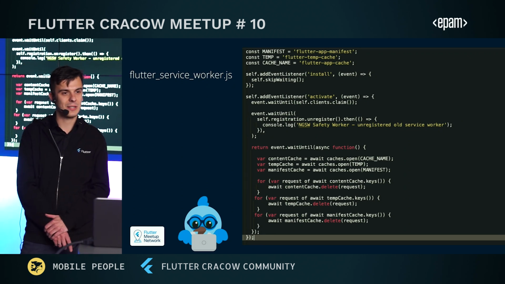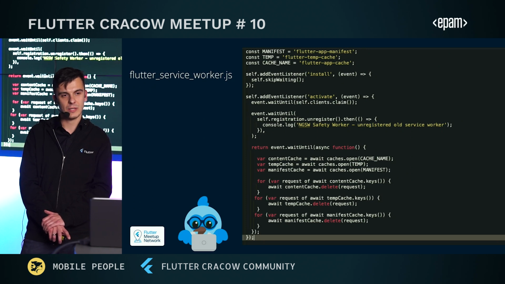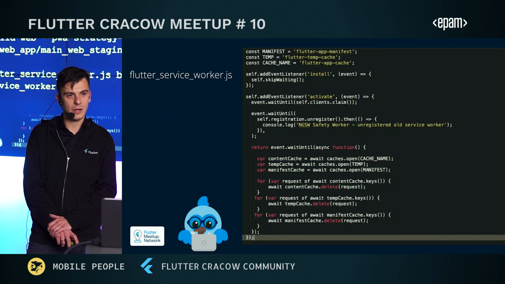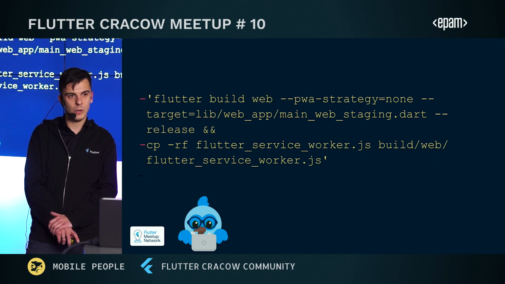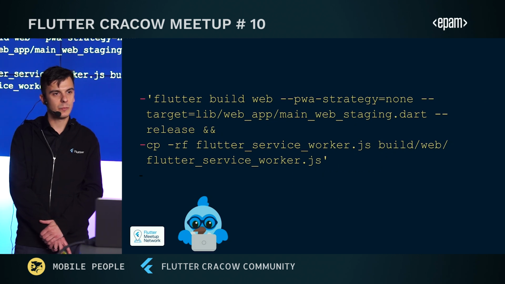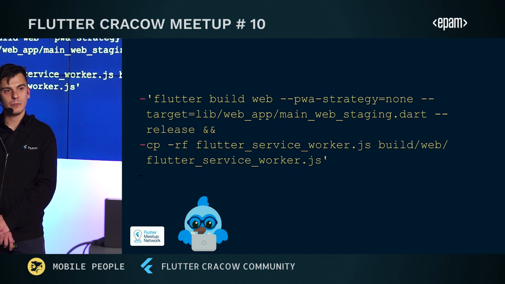So this was the biggest issue we had so far with Flutter Web, but after some time and some documents from the Flutter team last October, we were able to get around it. One important piece of information is that it's not enough to put this file into the web folder.